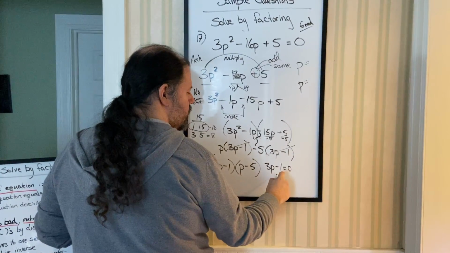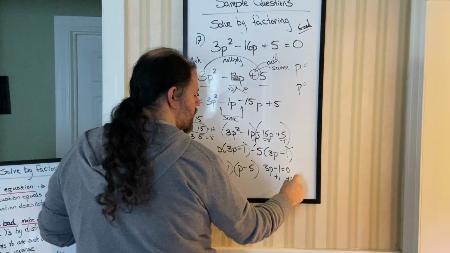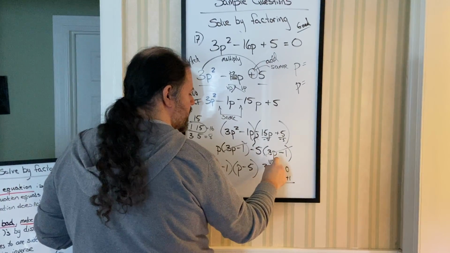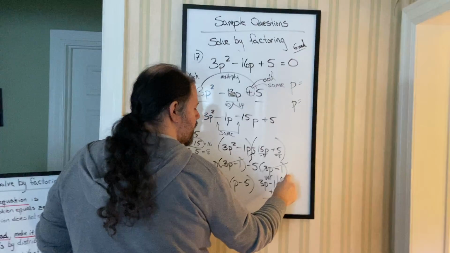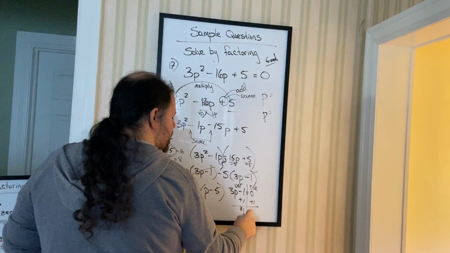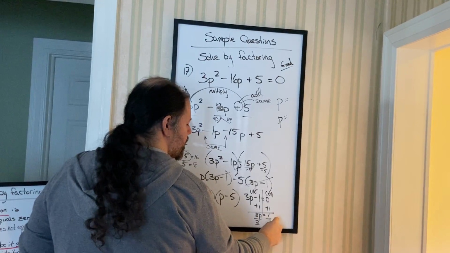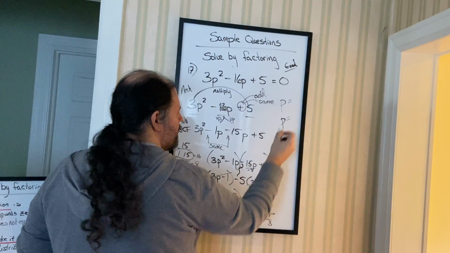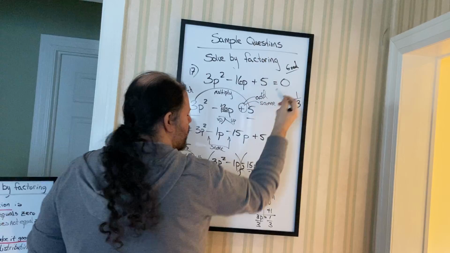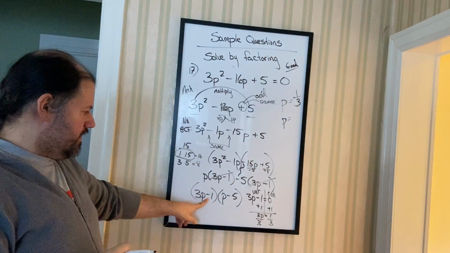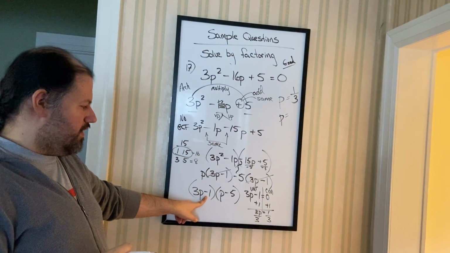So when I move the 1 over, remember constants on one side, variables on the other, we get 3p equals 1, then divide by 3. So we'll get a positive 1/3 as one of our answers.